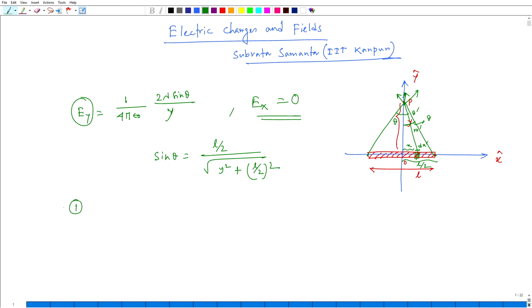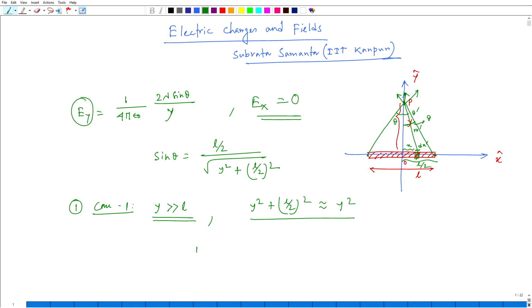Limiting case 1, where y is much greater than L. That means L is the length of the rod and y is the perpendicular distance on the bisector of the rod. In the limit of y much greater than L, y square plus L by 2 whole square is nearly equal to y square, because y square is dominant.